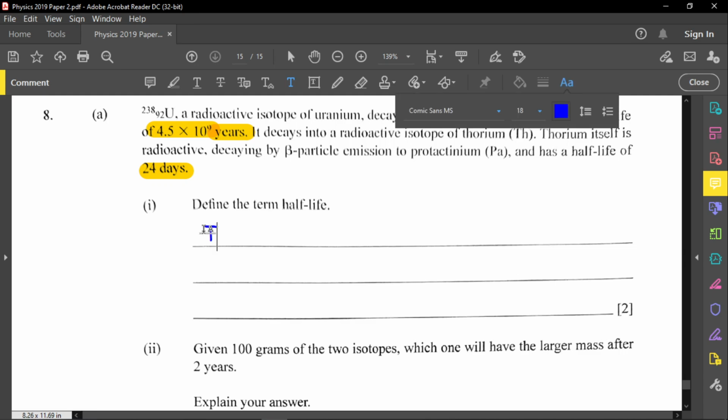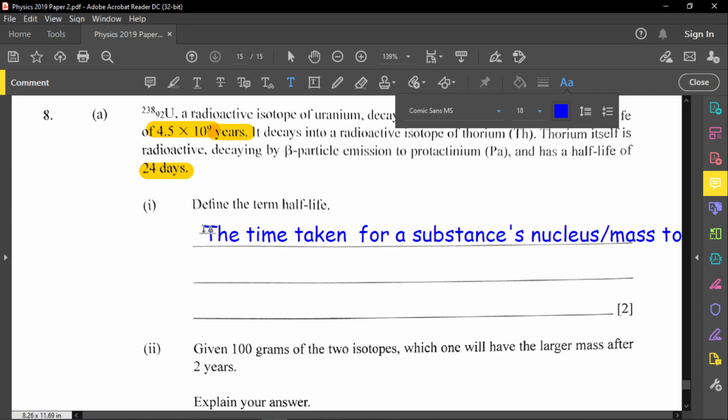Half-life is the time taken for a substance, nucleus or mass, let me say mass, to disintegrate or decay to half. The time taken to break down to half, that's half-life.